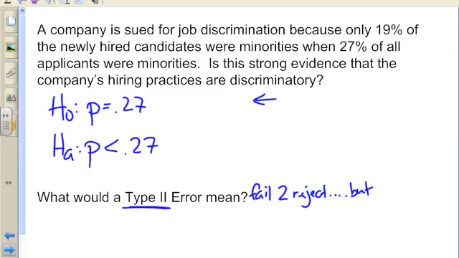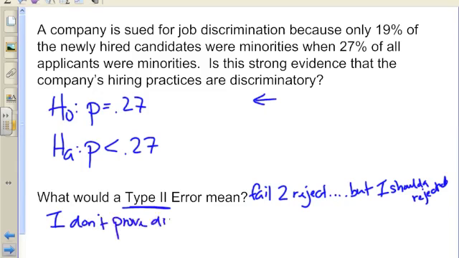I'm not 100% certain, but it looks like there's no discrimination, or at least I can't prove the discrimination, but I should have rejected. Shoulda rejected, right? The null was false. So in this case, I don't prove discrimination. But it was there.